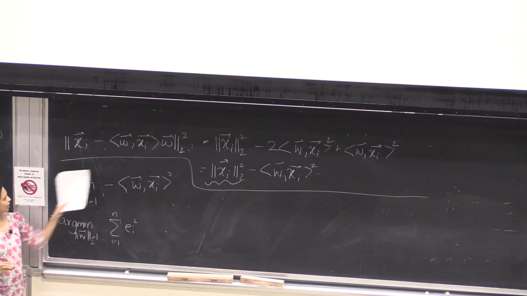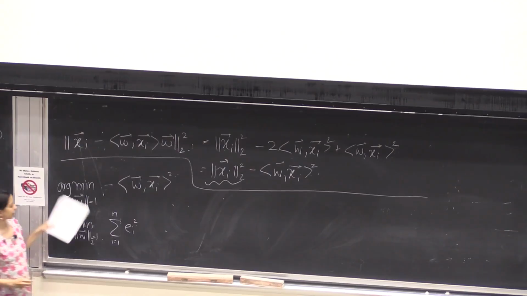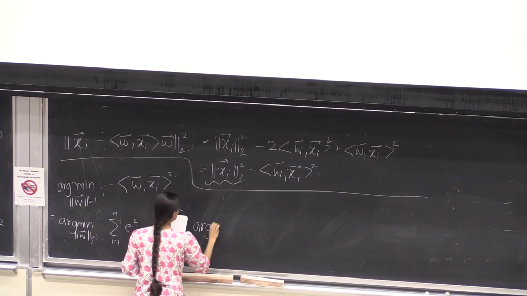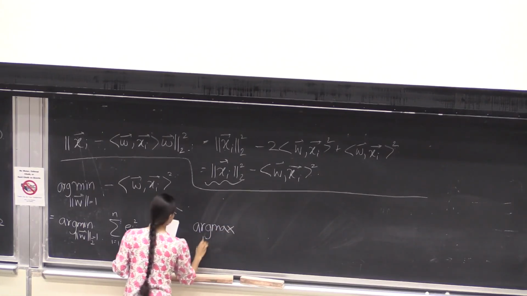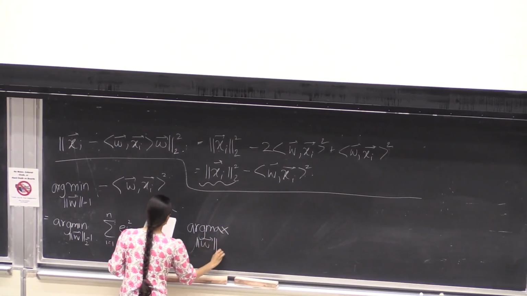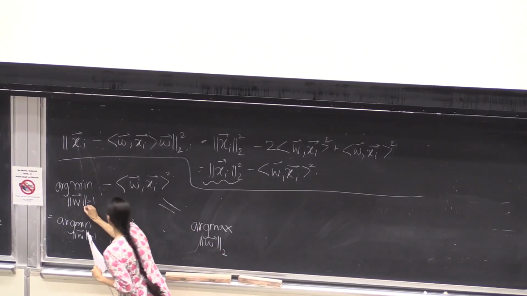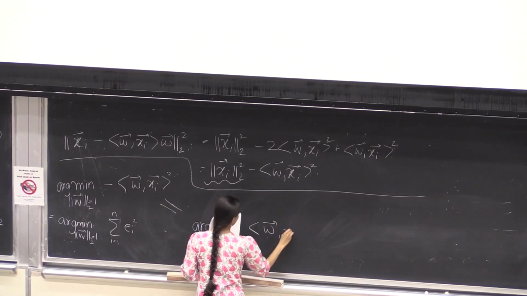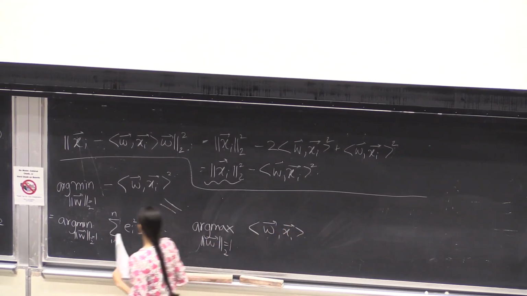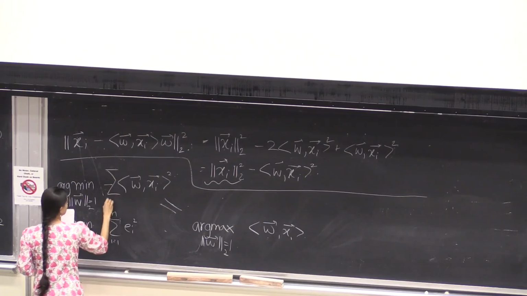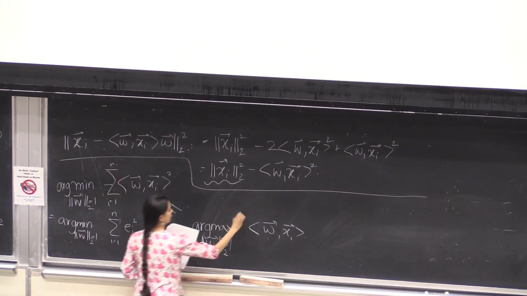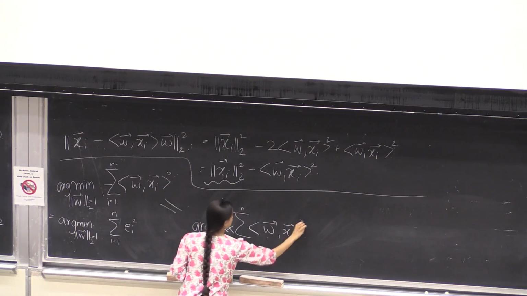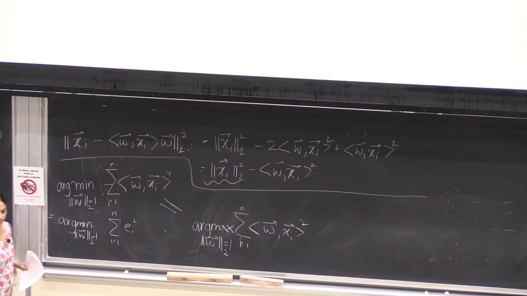And now, the minimizer of this, I can also equivalently write as the maximizer of the same term without the negative sign. Okay?